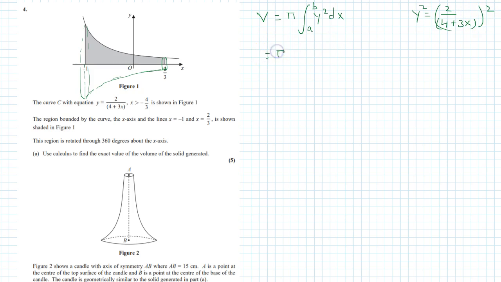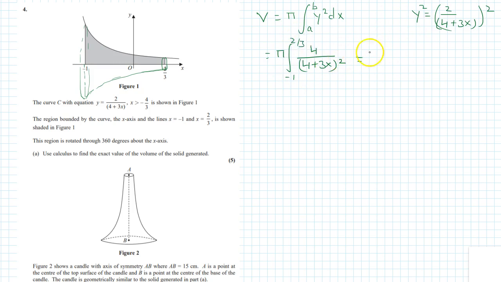So this will be pi, y square is 4 over 4 plus 3x square, and the limits are negative 1 to 2 over 3.